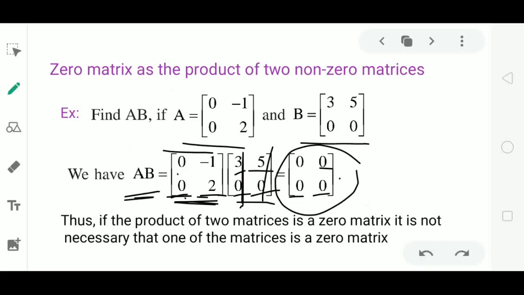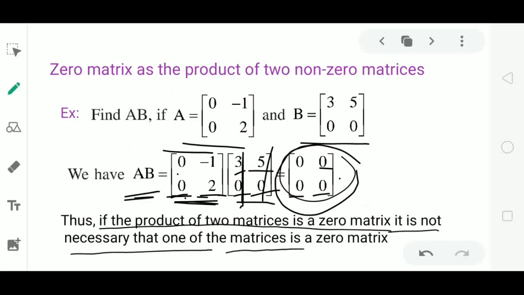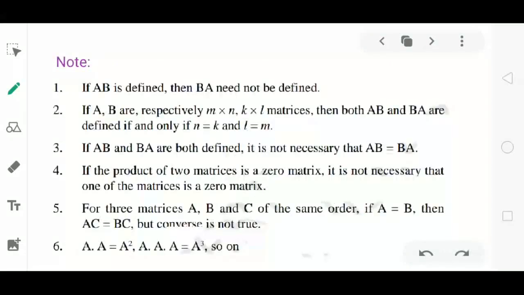In multiplication of matrices, the product of two matrices can be 0 even if none of the given matrices is 0. Now, let us see the statement. If the product of two matrices is a 0 matrix, then it is not necessary that one of the matrices is a 0 matrix. Let us see some important points of multiplication of matrices.